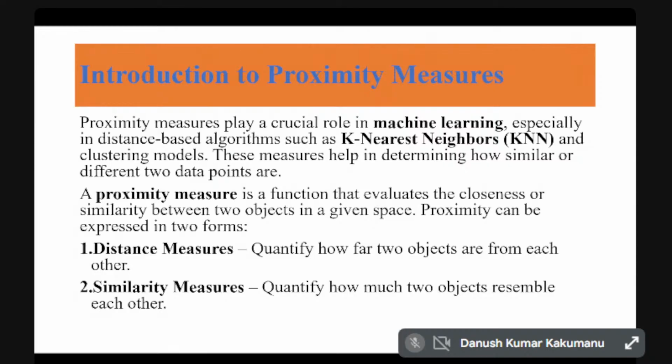So here we will use proximity measures to find the distance, to find the proximity, to find the similarity, to find the difference between two actual labels or two predicted labels, or a predicted label and an actual label. Write down the definition.